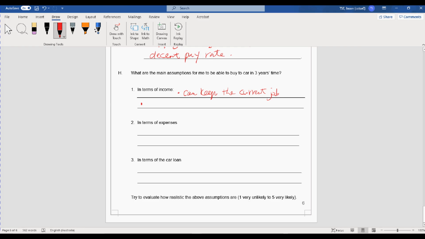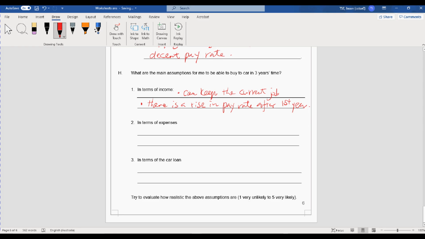Or you can say there is a rise in pay rate, when you get older, after the first year. Sorry for my handwriting, it's difficult to write using an electronic pen.